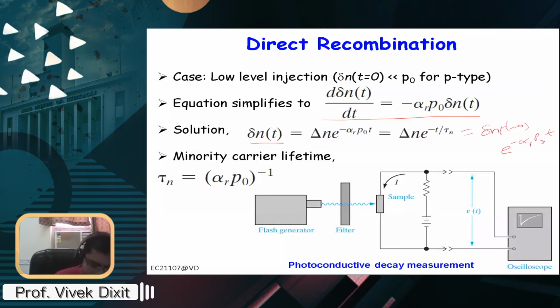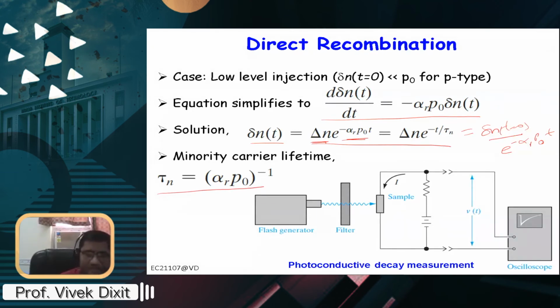Now delta n at t equal to 0 you can define as capital delta n. So you generate the carriers at t equal to 0, and then you switch off the light, and this excess carrier will decay as e to the power minus t by tau, where tau is 1 over alpha r p naught, and this is called the minority carrier lifetime.